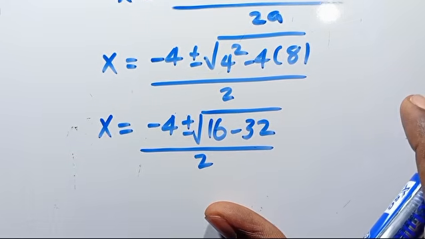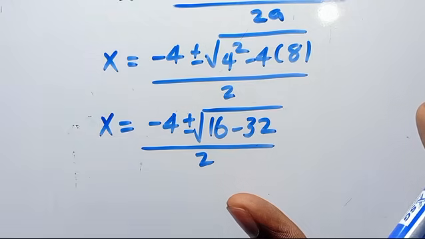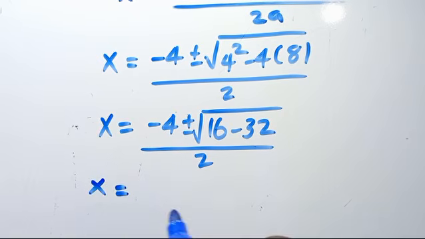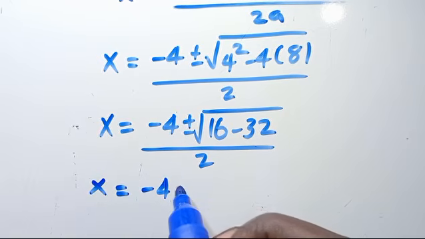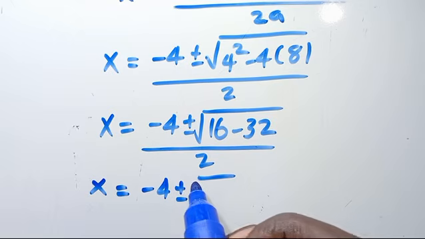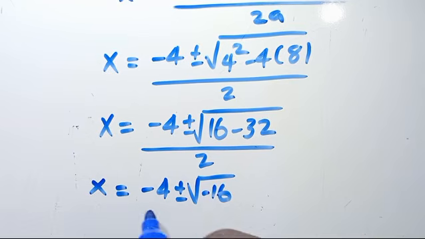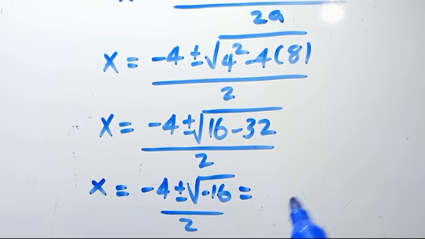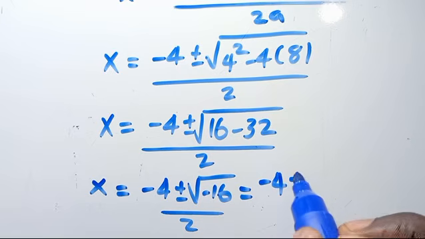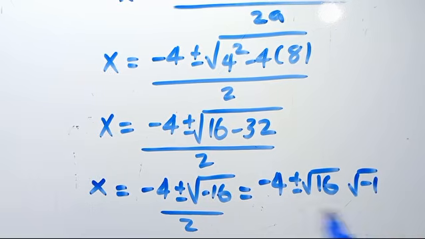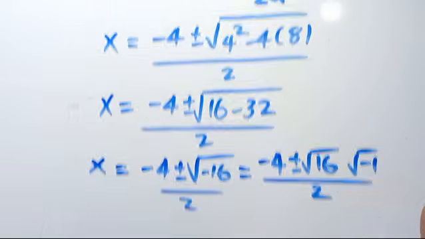So from here, x equals minus 4, positive or negative, square root of 16 minus 32, which will be minus 16, over 2. And this will be minus 4, positive or negative, root of 16 times root of minus 1, over 2.